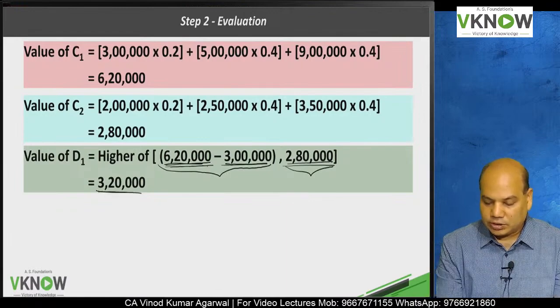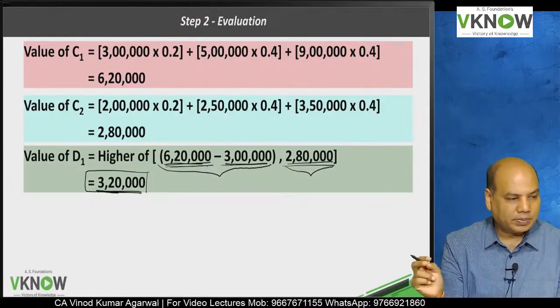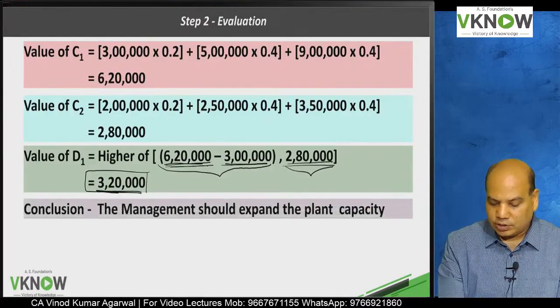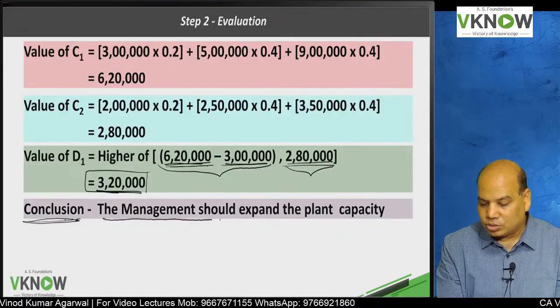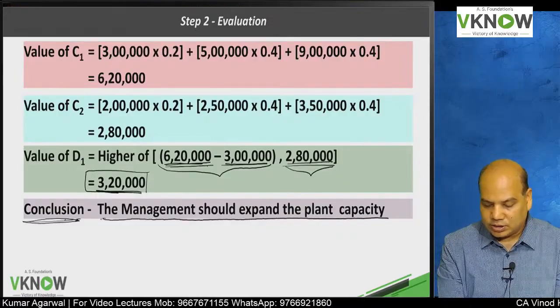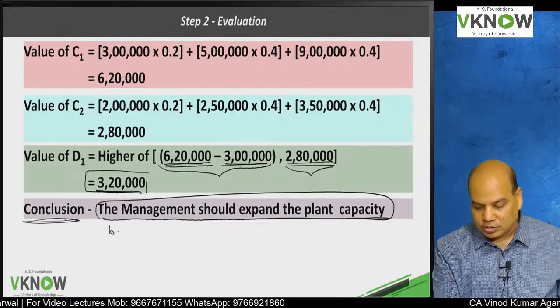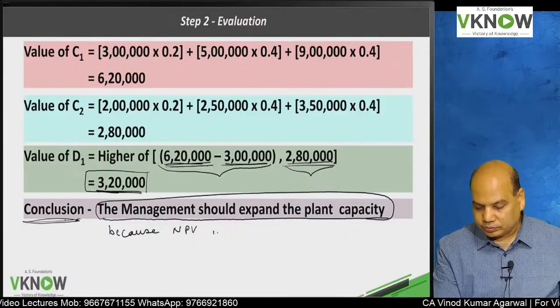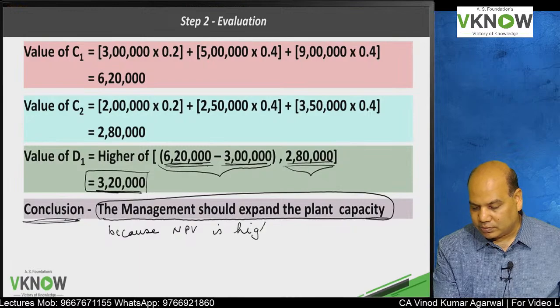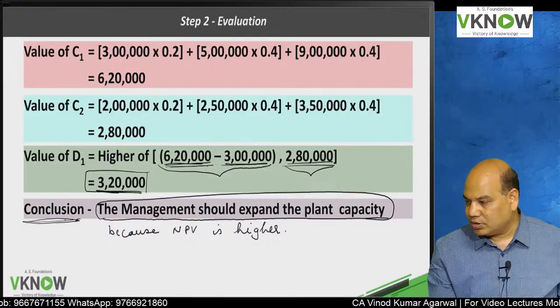Answer is 3,20,000. 3,20,000 is the value of expanding the plant capacity. Therefore the decision or conclusion will be that the management should expand the plant capacity because expected NPV is higher.